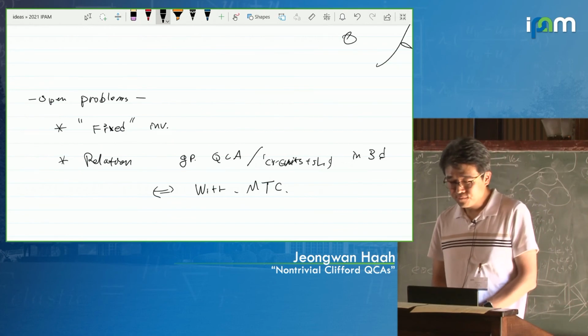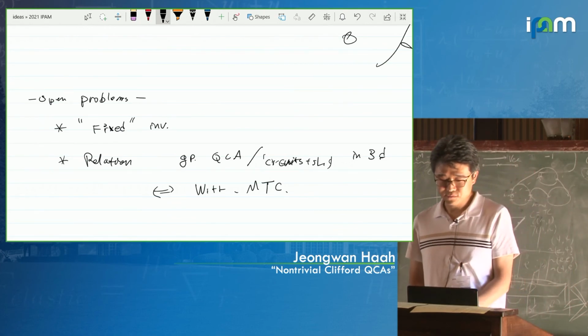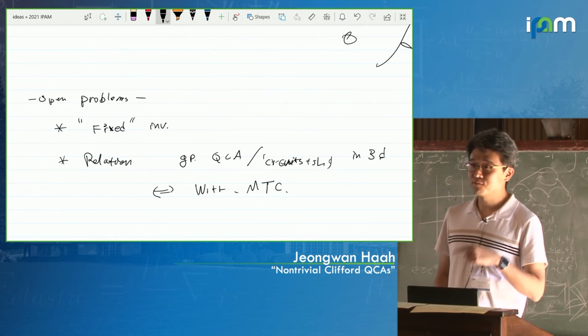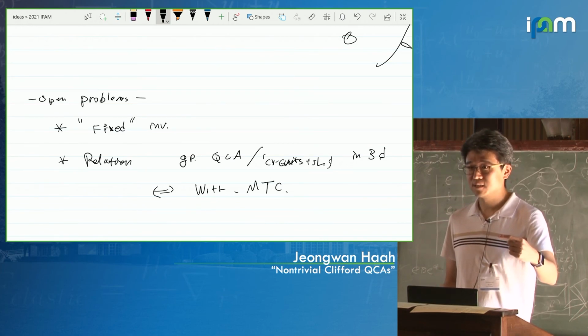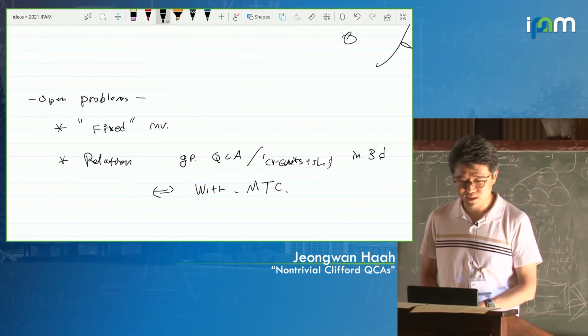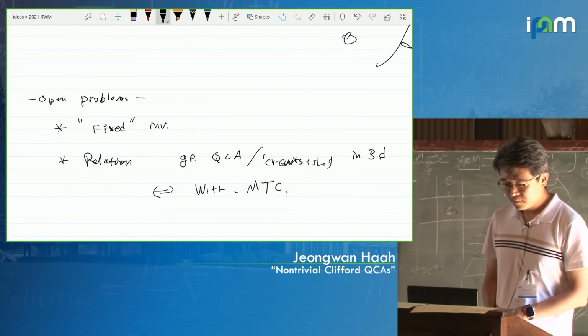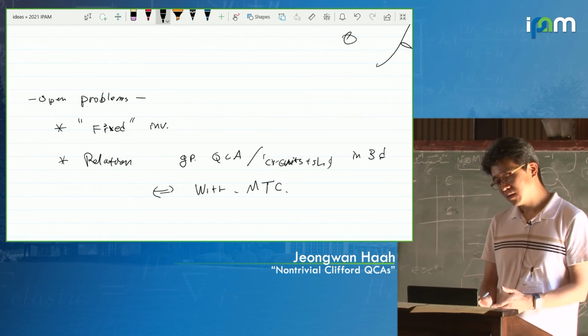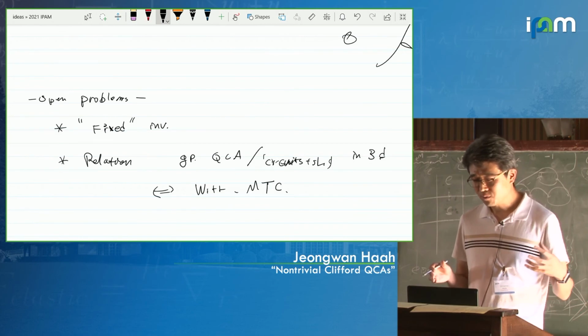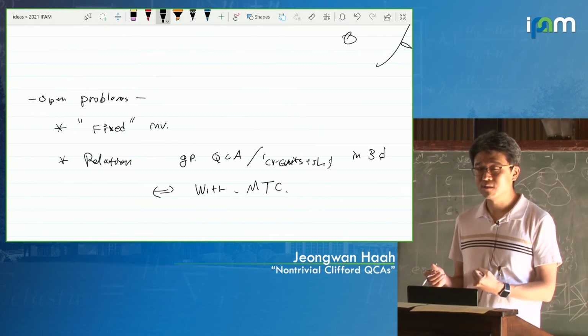We have identified a subgroup of the Witt group of modular tensor category coming from the Clifford QCAs. And they are genuine subgroups. There's nothing wrong with it. But it's far from having a proper relation. We don't have a map from one object to the other.